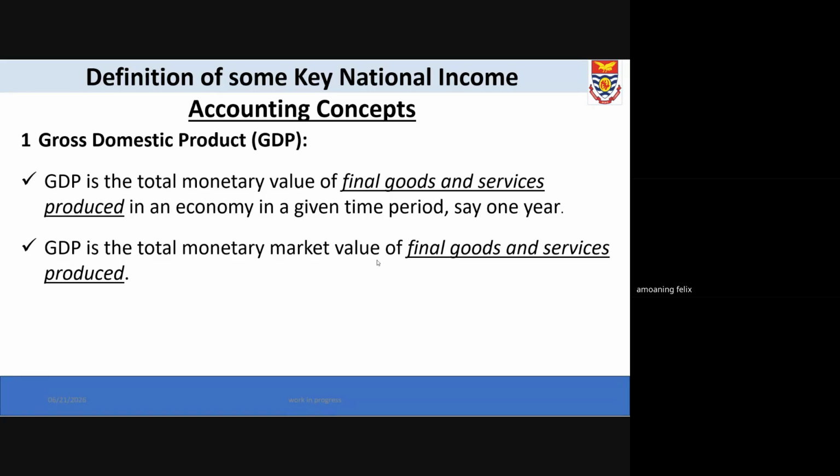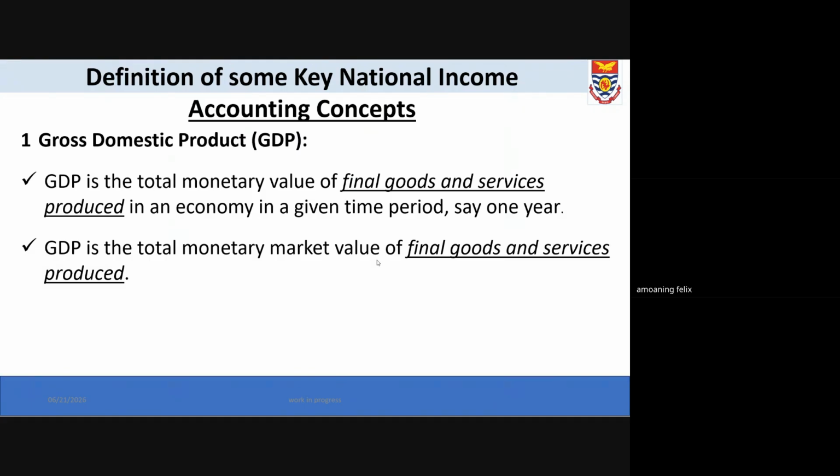So we are saying that final goods. What are final goods? Another term that we are using is final goods. When we talk about final goods, we are only looking at goods that when we buy, we are just using or consuming. These are goods and services purchased purposely for final use and not for resale or for further processing or further manufacturing.